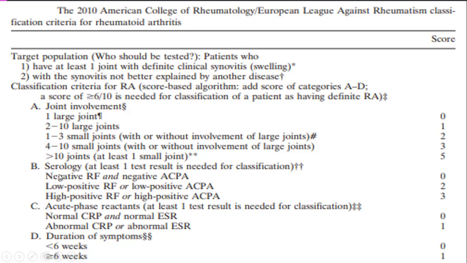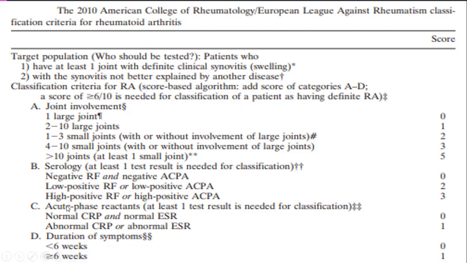Now, for the serology domain, we determine the presence of the different antibodies involved in RA. We have rheumatoid factor, and as I've mentioned already, the citrullinated protein antibody, or ACPA, or the CCP antibody.